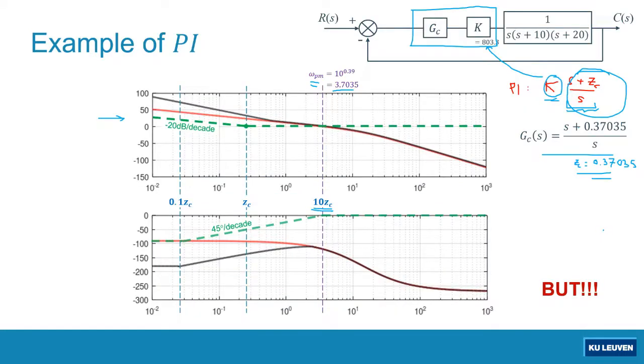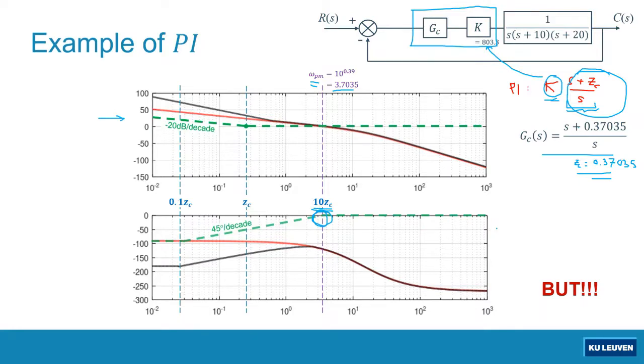If we look again at what we just did in designing the PI controller, we designed it based on the assumption that the phase value at 1 decade above the corner frequency is equal to 0.